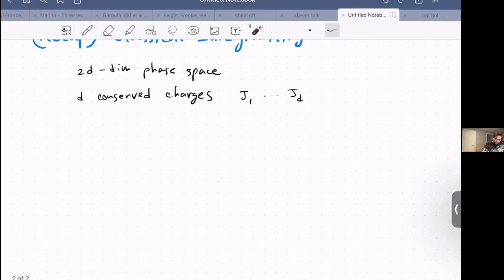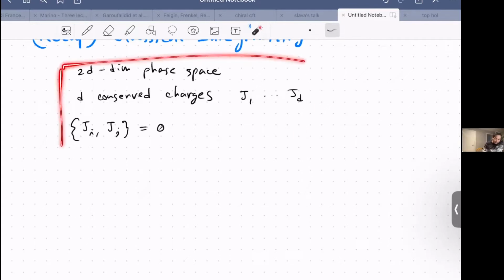So these are functions of the coordinates on our phase space, so position and momentum. And if these conserved charges are in involution, which means that the Poisson bracket of any two of these conserved charges vanishes, then this system is integrable, meaning that you can expect that you can solve the equations of motion of this system.